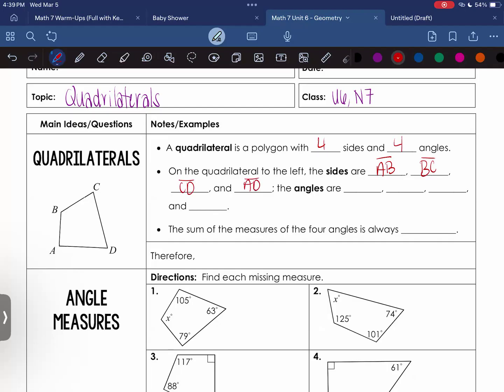Those are all of the sides. The angles, we have angle A, angle B, I wrote that backwards, angle C and angle D, which is obvious.